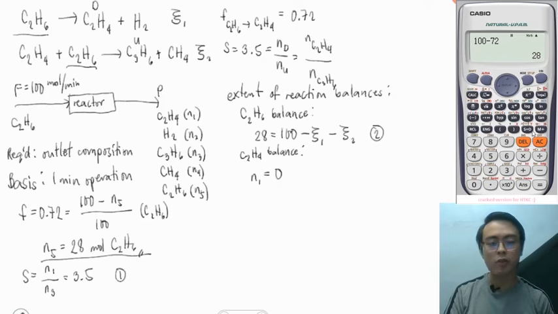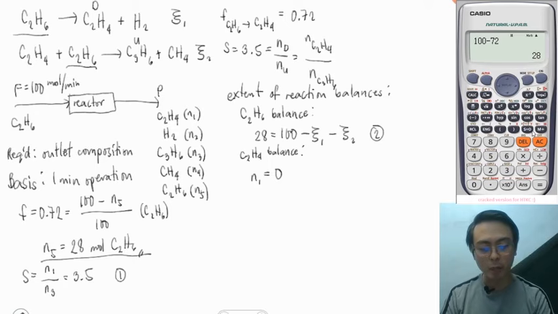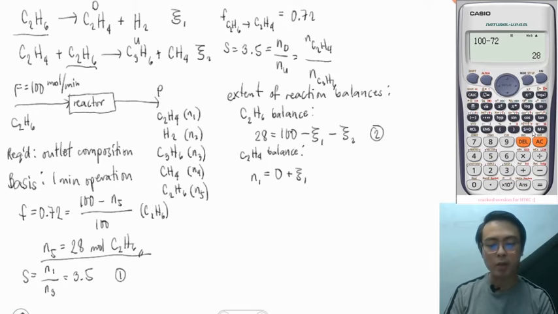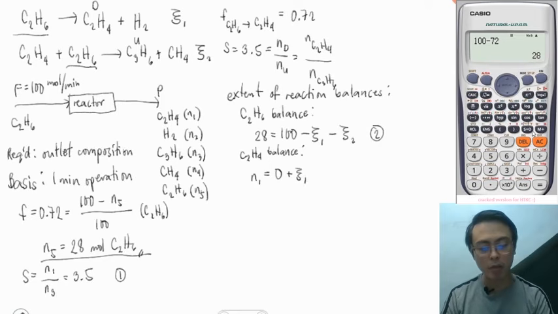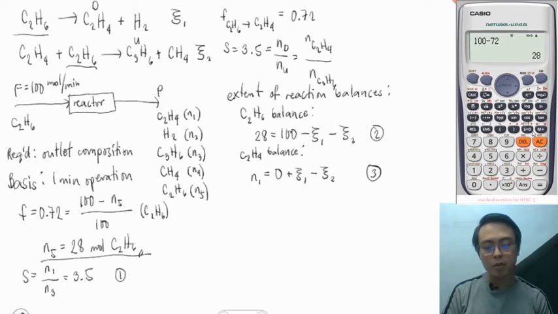There's no C2H4 in the feed. In the first equation, C2H4 is a product, so that is plus extent 1. In the second equation, it's a reactant, so that is minus extent 2. We will call this equation number 3. So how many are our unknowns? Extent 1, extent 2, N1, and N3.